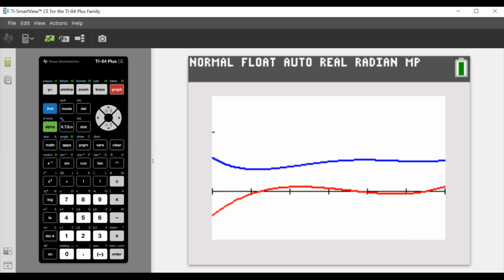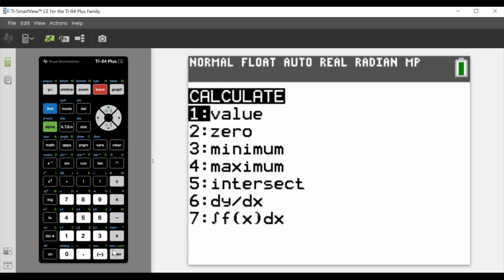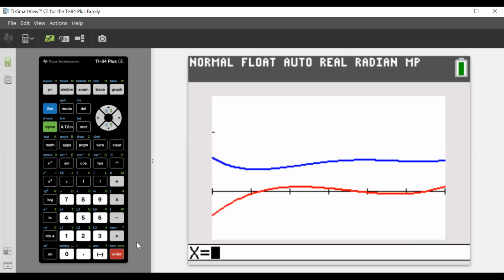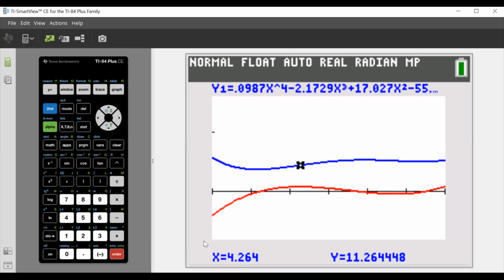And so what we want to do is calculate the values of both of those equations at 4.264. That gives us 11.264 for the inflection point on the top piece, and it gives us 2.270 for our rate of change for the bottom one.